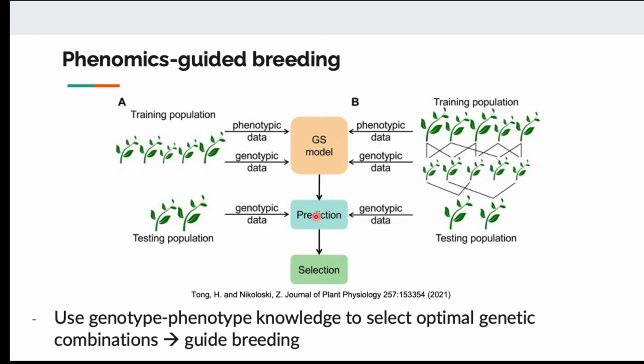Next time that we want a new plant or a new animal breed with a certain phenotype, instead of doing random breeding, we can predict beforehand what we would get in terms of phenotype. Using phenomics data, we can train a model that looks at the new genotype and predicts the phenotype that we get. This can guide the way that we cross the plants and breed the animals.